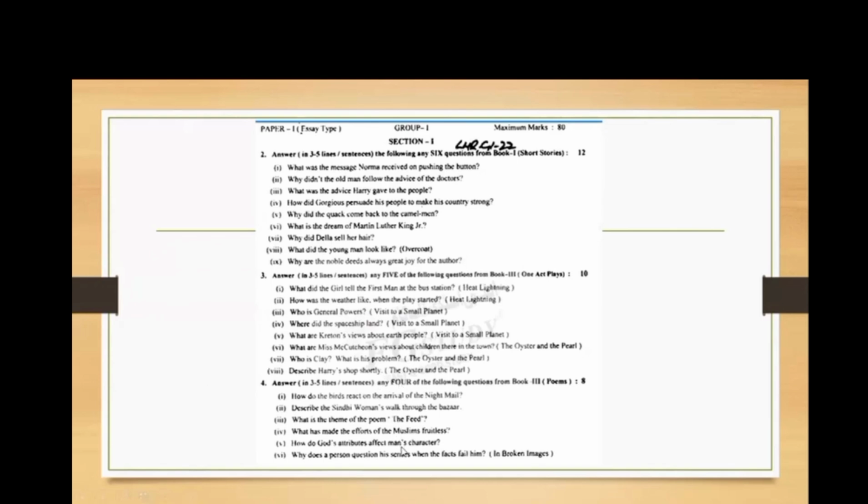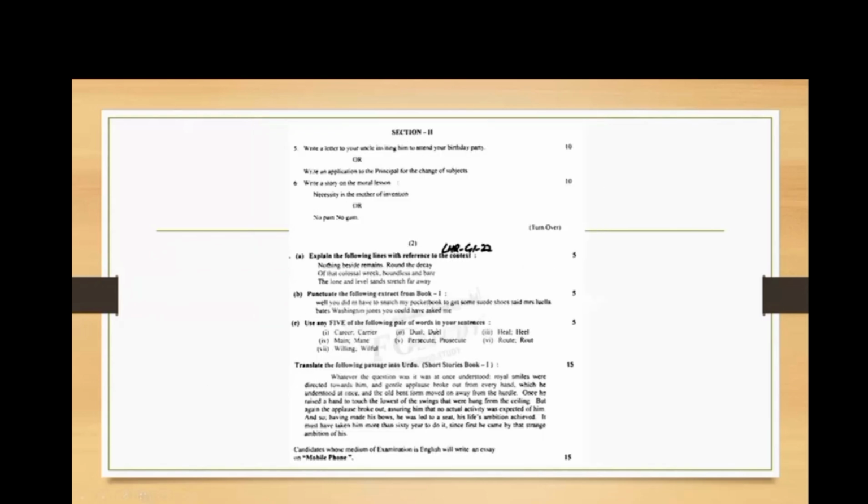And here you have to attempt 4 questions from the poems. Here in section 2, you have a choice between letter and application. Now in question 6, we have been given 2 moral lessons: necessity is the mother of invention, and no pain, no gain. You have to choose one of these moral lessons and write it clearly for 10 marks.